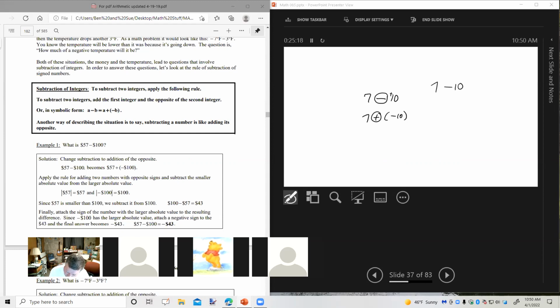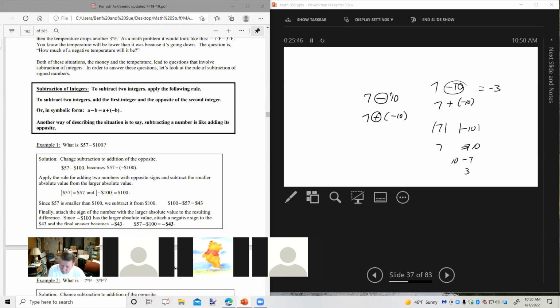So subtracting a number is like adding its opposite. Now we can apply the rules of addition that we looked at a little bit ago. Adding 2 numbers with different signs, we take the absolute value of 7 and the absolute value of -10. 10 minus 7 is 3, but the negative was more powerful, so the answer is -3.